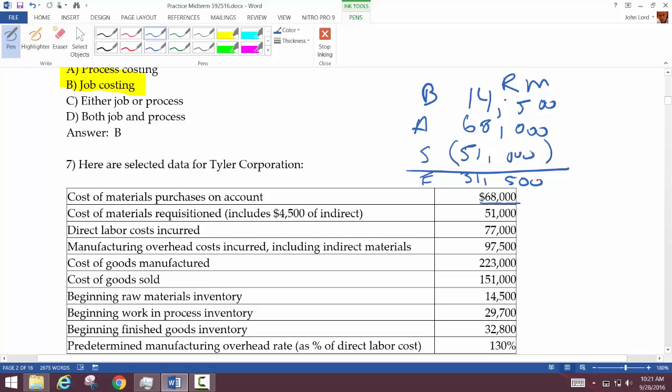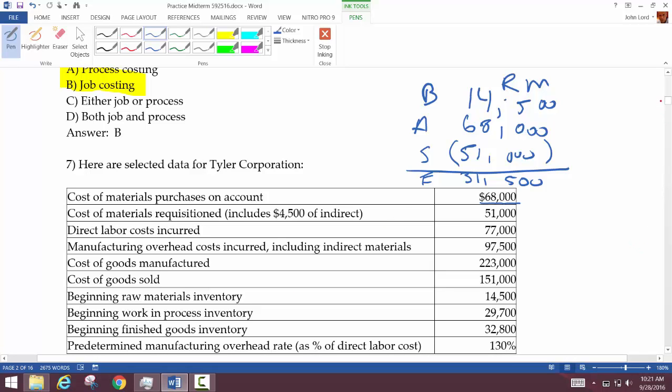Okay, so there probably was another question that I didn't pull here asking what's the ending balance in raw materials, and then you would have needed that number. But you don't need it here because we're just trying to get the raw materials that were added to work in progress, which was just the direct portion, right? And that's why Jarna subtracted off that 4,500. Okay, good. Now we're on fire.